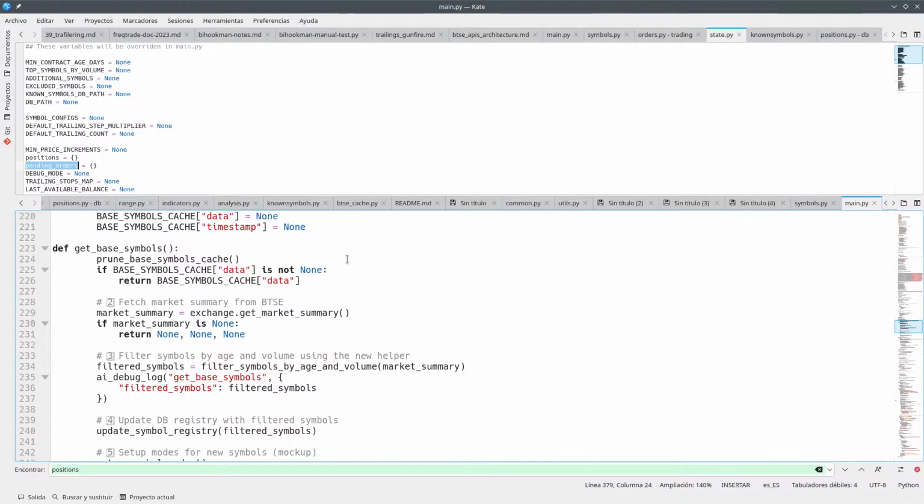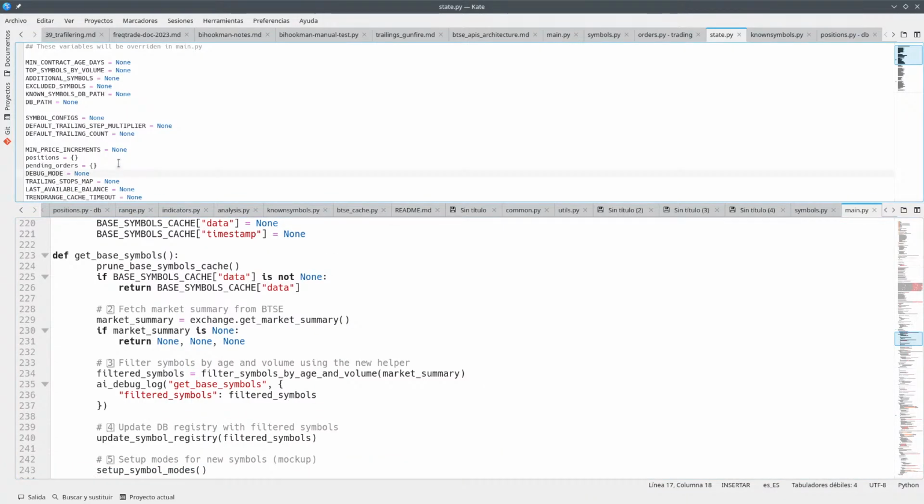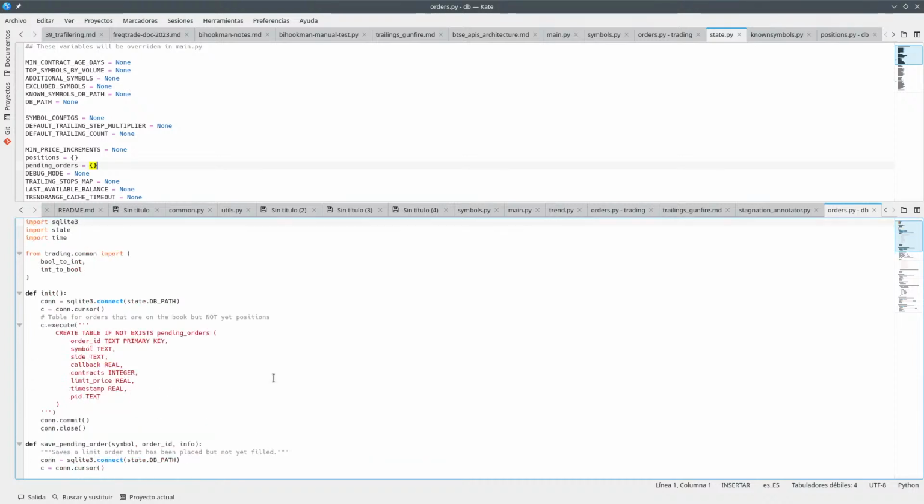So we were trying to implement the pending orders stuff. So right now we have added the orders.py db file that creates all of this.